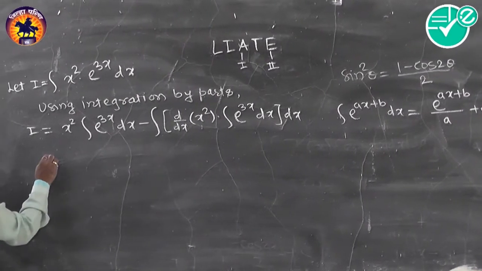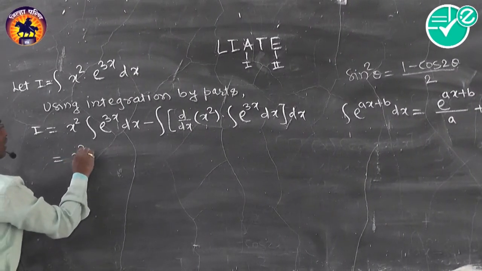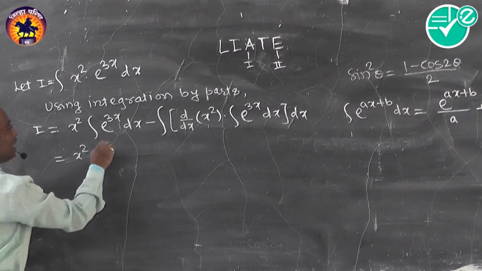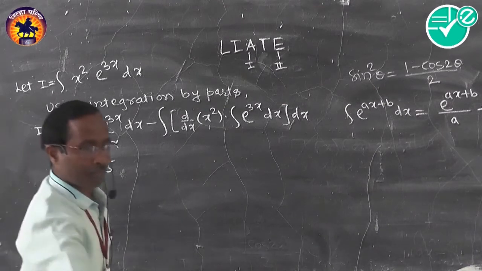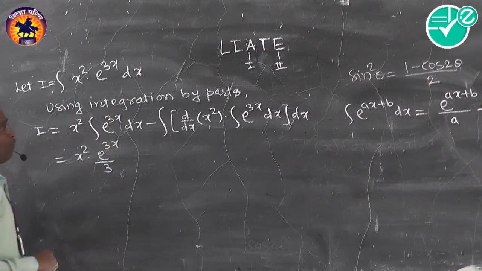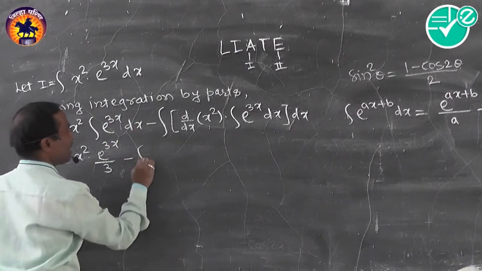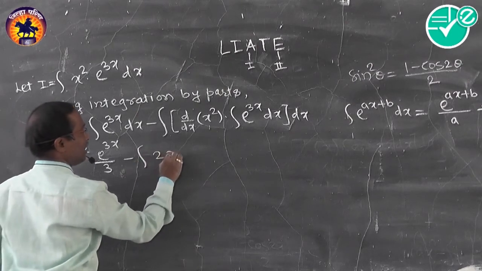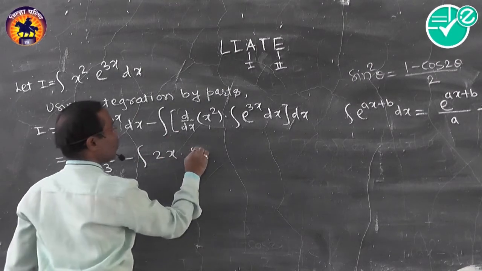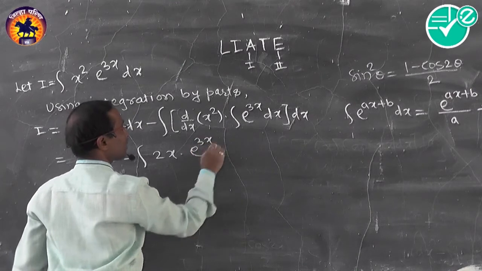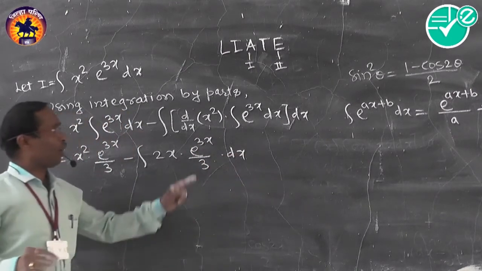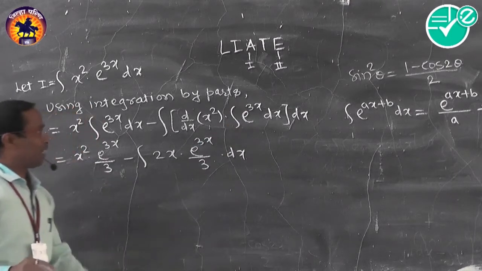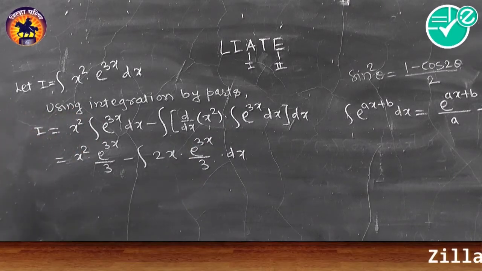So this is the integration of this function. Now apply here x square into e to the power 3x upon 3 minus integral of derivative of x square is 2x into e to the power 3x upon 3 dx. Integral of e to the power 3x dx is e to the power 3x upon 3.